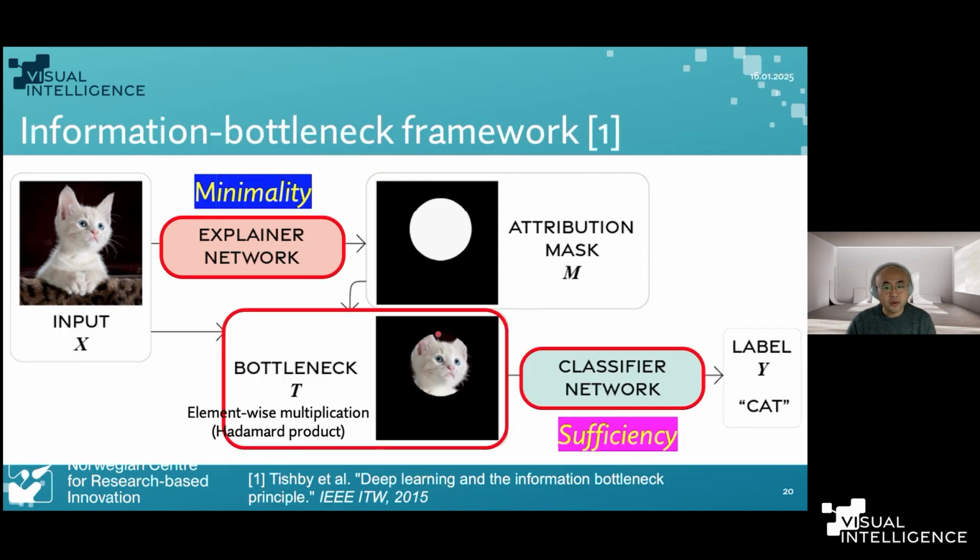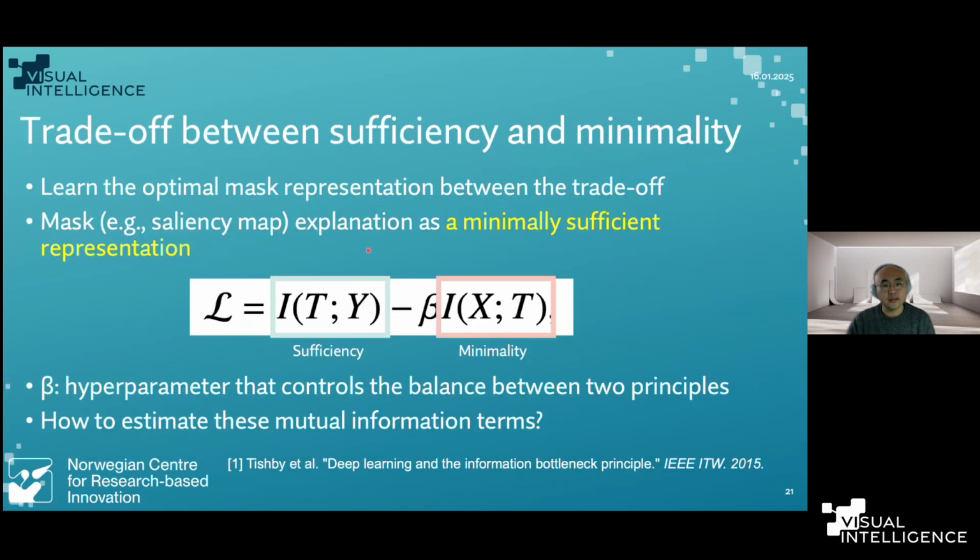So now what we can update is this attribution mask. By training this whole system end to end, we want to find some optimal balance between this minimality and sufficiency through this bottleneck information. And so, as we saw, there's a trade-off relationship between sufficiency and minimality.